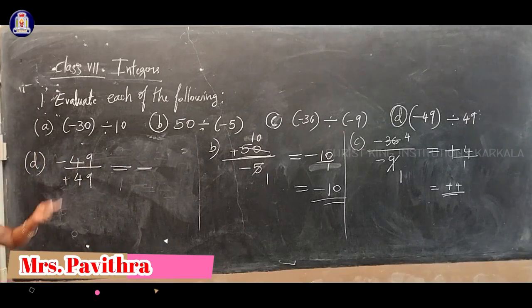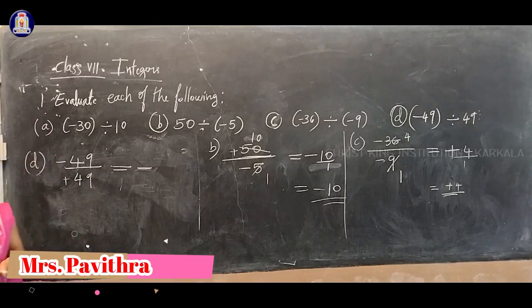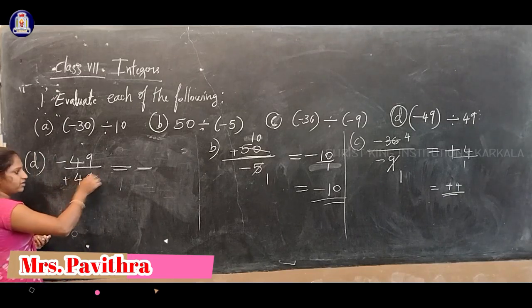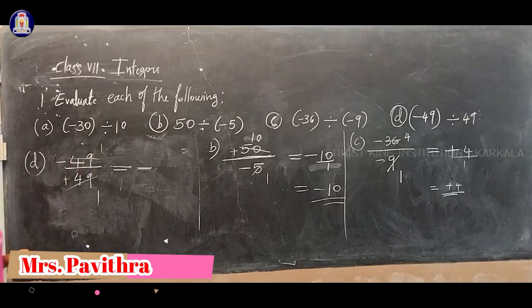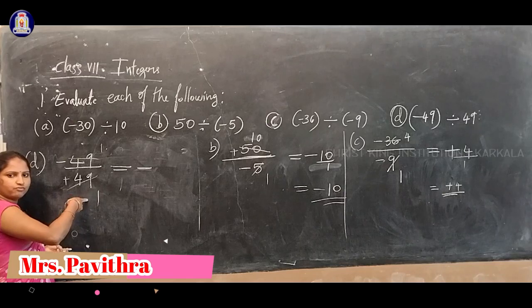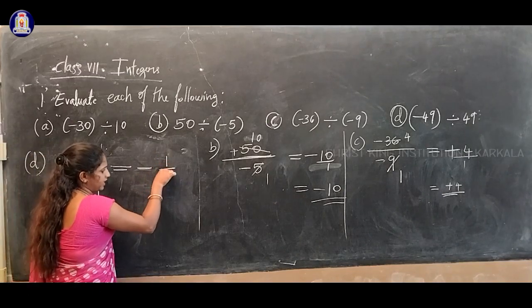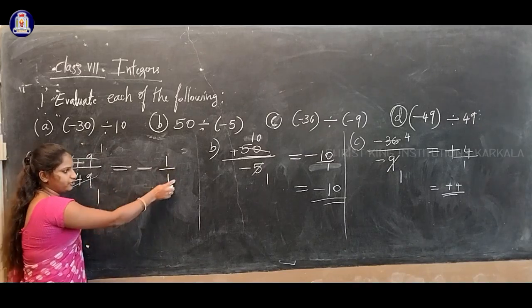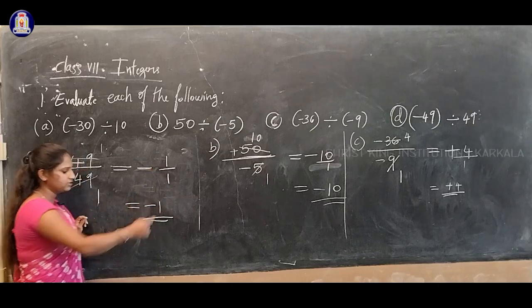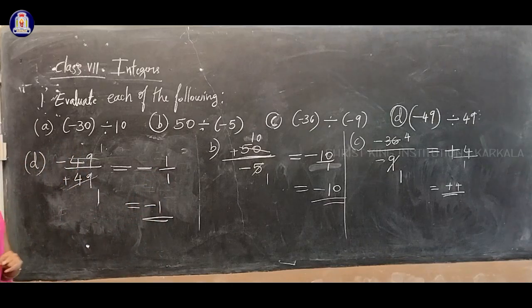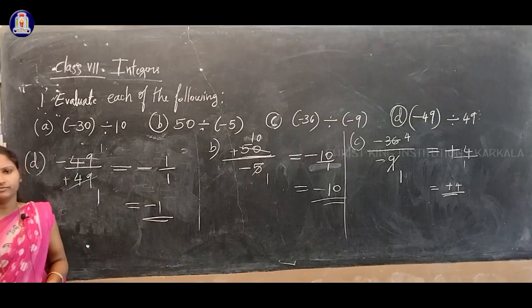Now 49 is in both numerator and denominator. The same number is in both, so this 49 will divide. 49 ones are 49, here also ones are 49. So now the answer is 1 by 1. Here the denominator is 1, so we can write directly the numerator, that is minus 1. Clear? So minus 1 by 1 is minus 1.